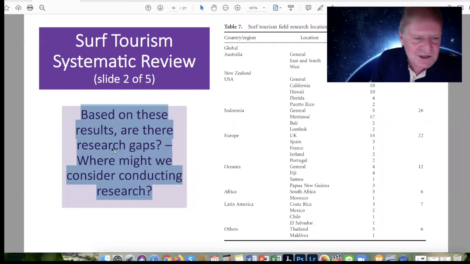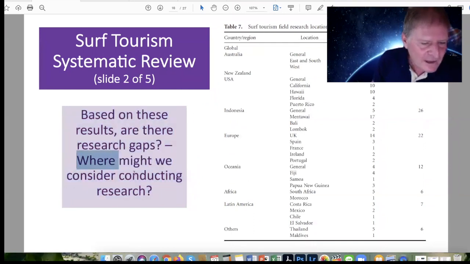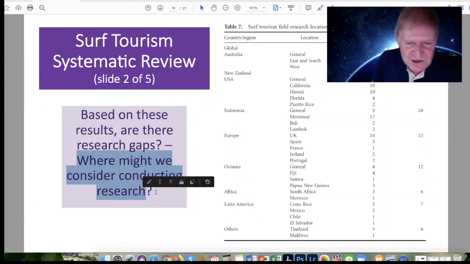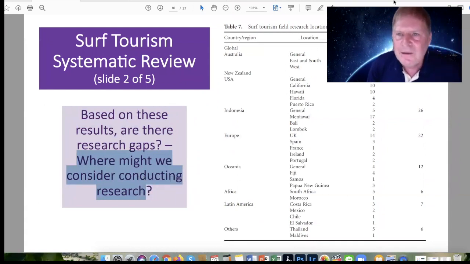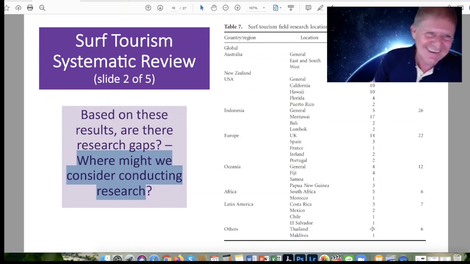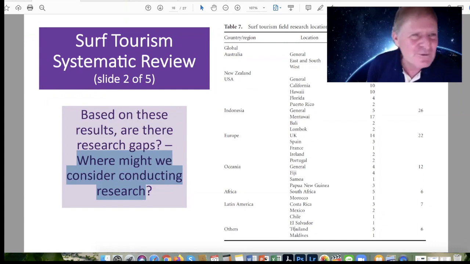And then I posed the question to you here today, where might we consider conducting research? So now we see the places that research has been conducted. So turning that around, where has it not been conducted? And if you look down this list, the answer would be a lot of places. For example, well, you know, Thailand's on here with 5, but they're all mine, you know. But basically Thailand was 0 at the beginning.